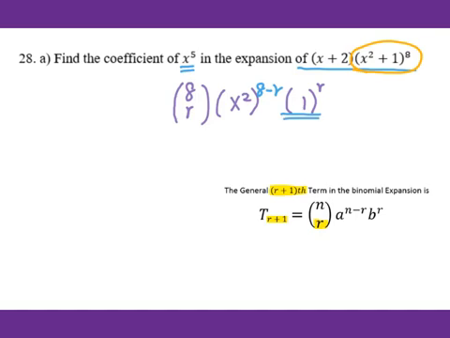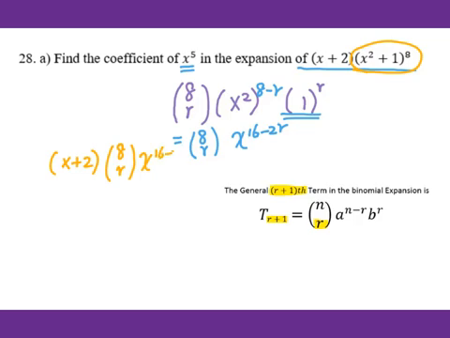This answer is 1. So basically we got 8 choose r, x to the 16 minus 2r. Then we multiply by x plus 2. Using this general form, 8 choose r, and then x to the 16 minus 2r.